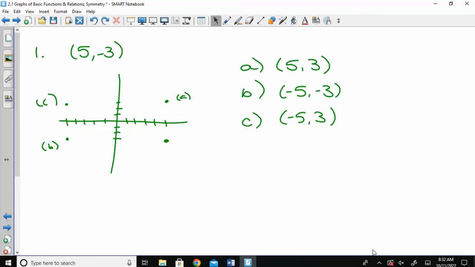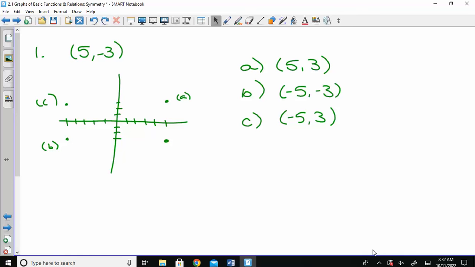Number 3, what kind of symmetry does that one have? Just y-axis. Number 4 is yes, all of them, and number 5 is none. Number 6 is even. 7 is odd. 8 is odd. 9 is neither. Okay, good.